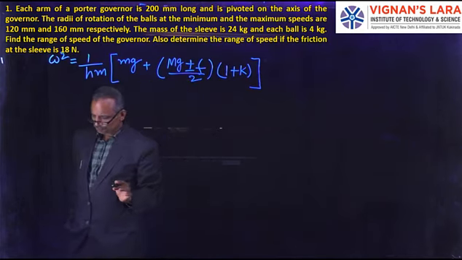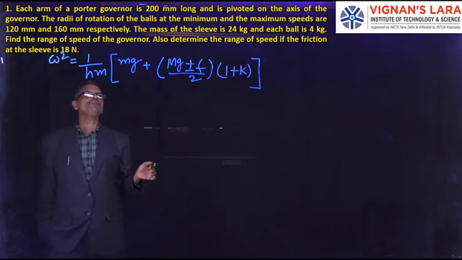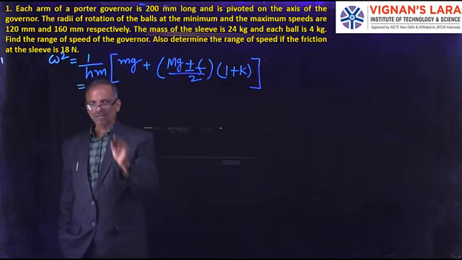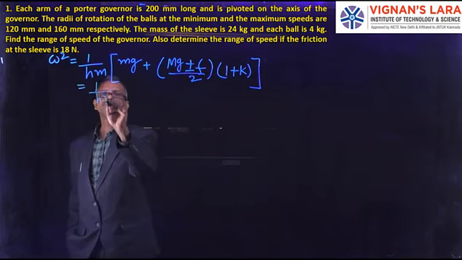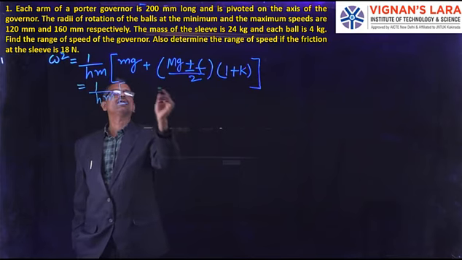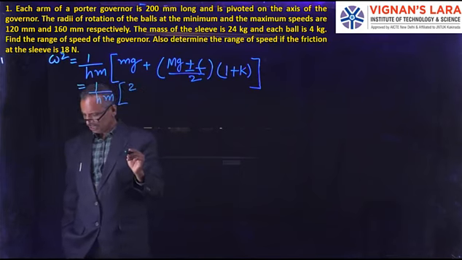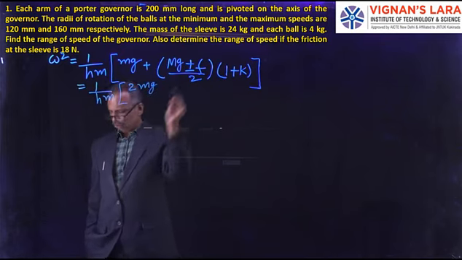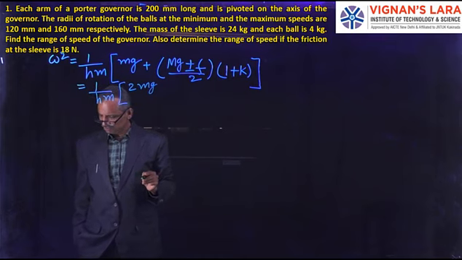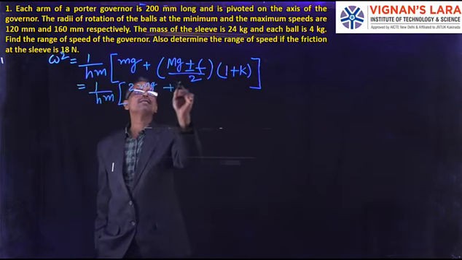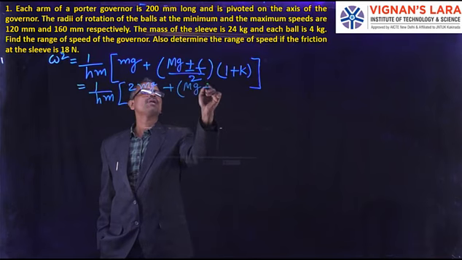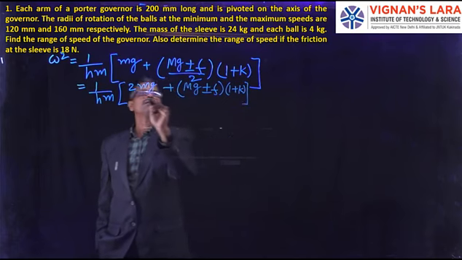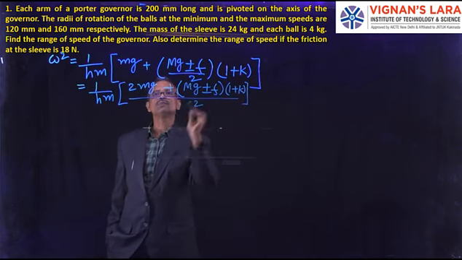So this we can simplify once again like this. Omega square is equal to 1 by hm, and you can take 2mg. So I have taken the LCM for everything, 2mg, plus mg plus or minus f into 1 plus k by 2.